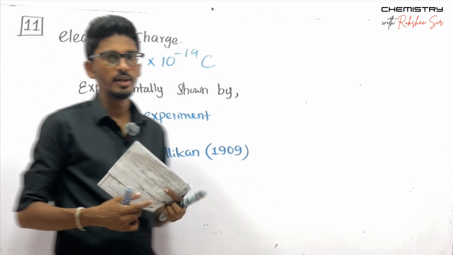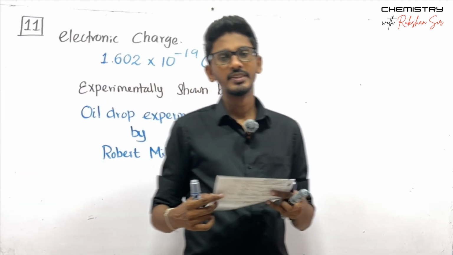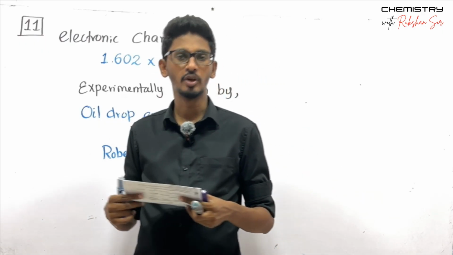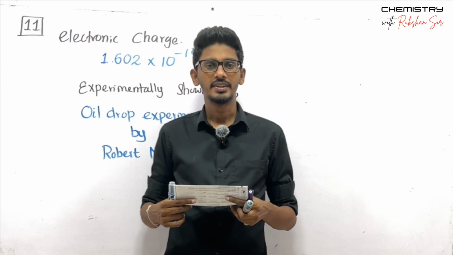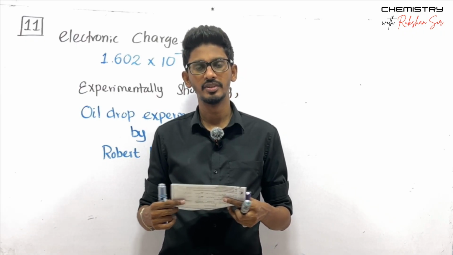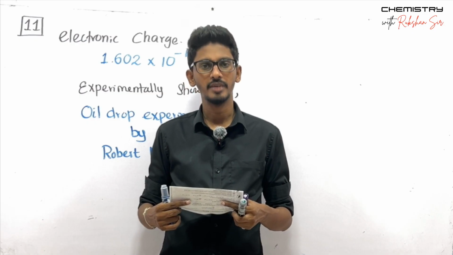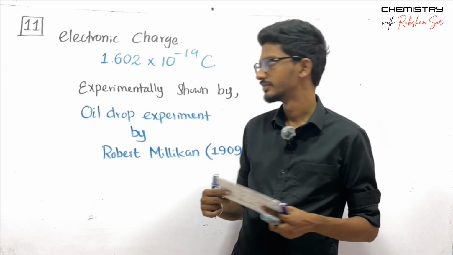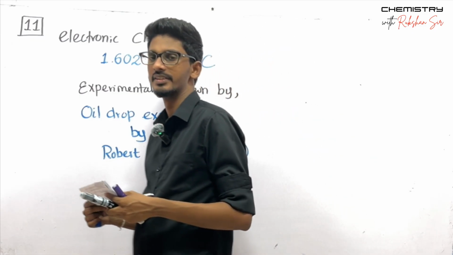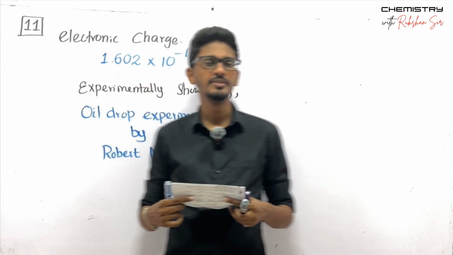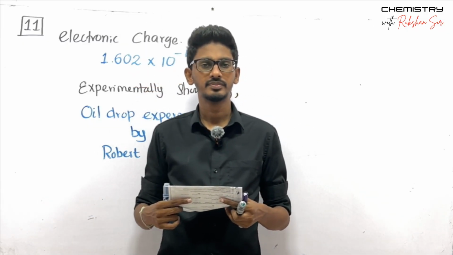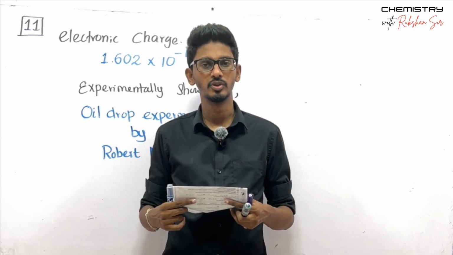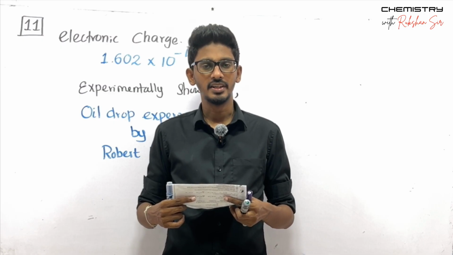So the E/M ratio was first introduced by J.J. Thomson as 1.76 into 10 power 8 coulombs per gram, and the charge of the electron was experimentally derived by Robert Millikan by his oil drop experiment, 1.602 into 10 power minus 19 coulombs.